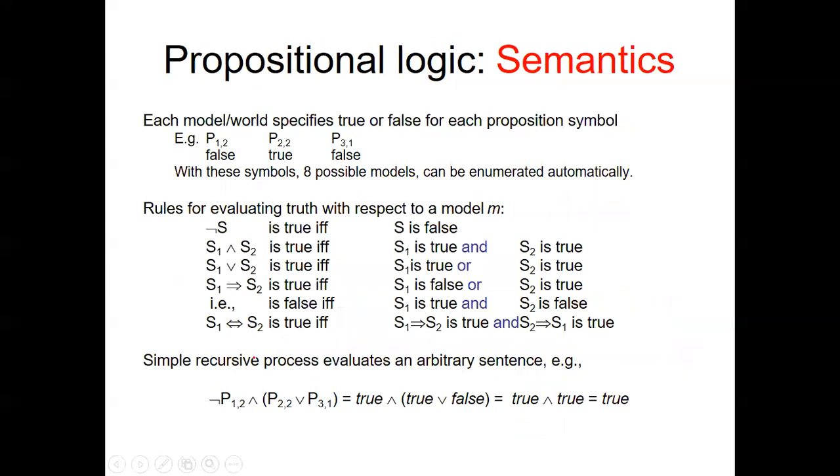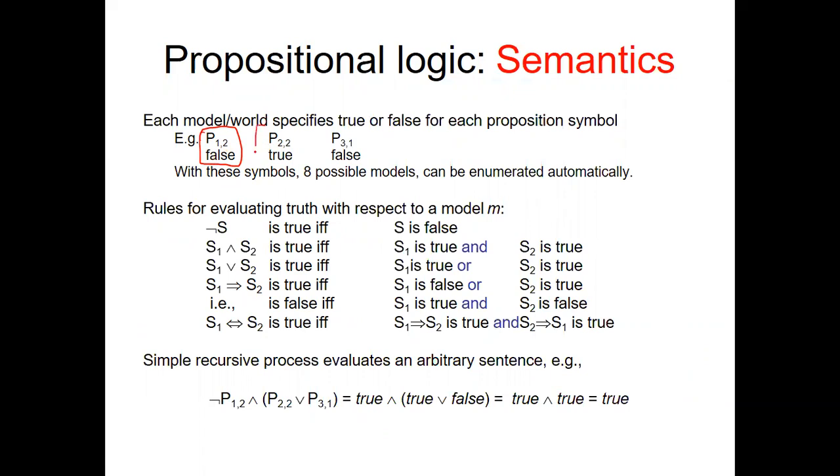So now, how do we represent this Wumpus world problem using propositional logic? For example, we can use this symbol. Say, P1,2 is false, where P represents pit, which means that there is no pit in the cell 1,2.